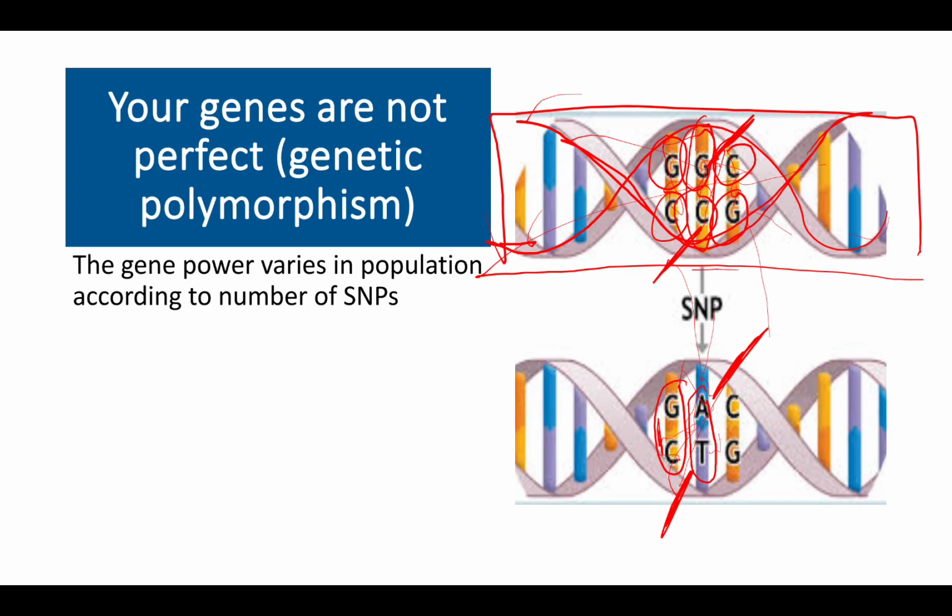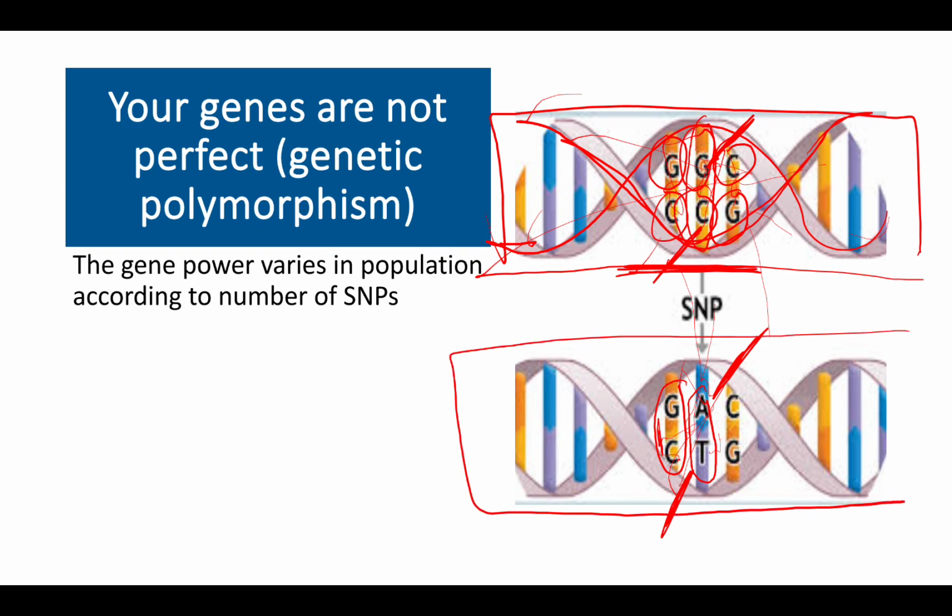So if this gene is responsible for the enzyme that destroys dopamine in the brain, and this gene becomes defective like this one and becomes less active, this means the dopamine will stay in the brain for a long time, because the amount of this enzyme becomes less.